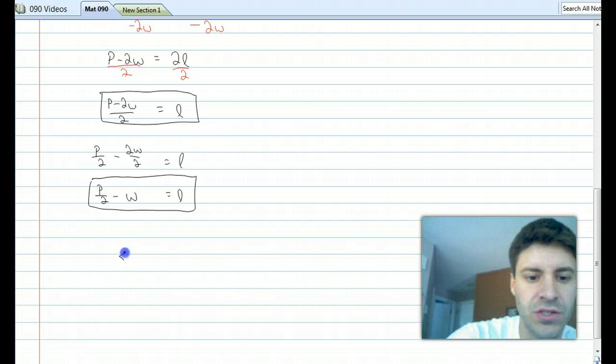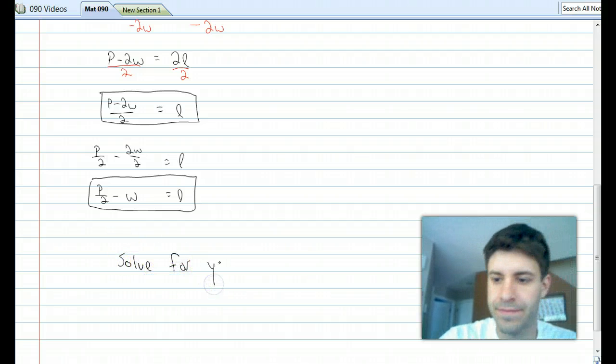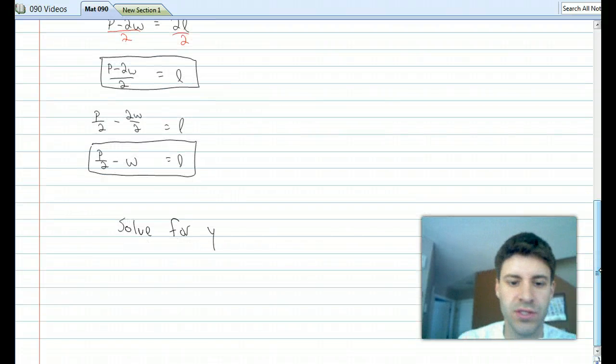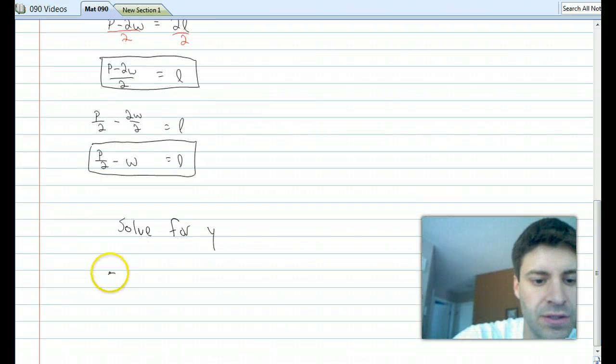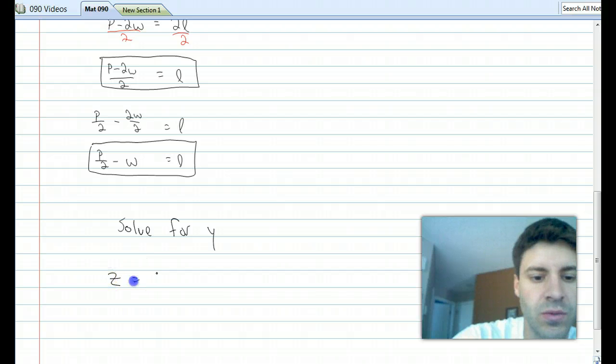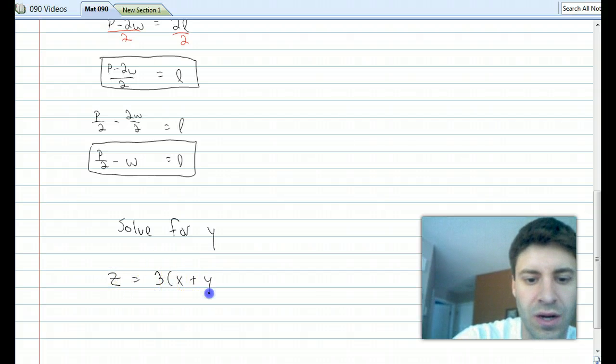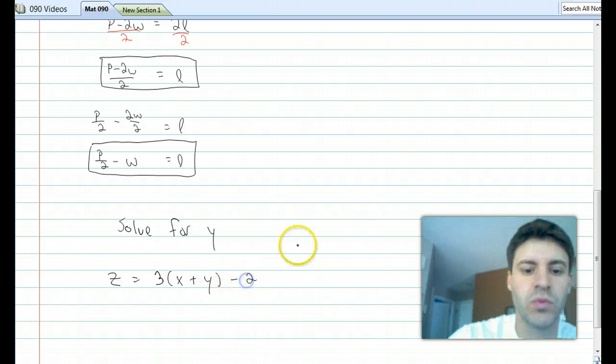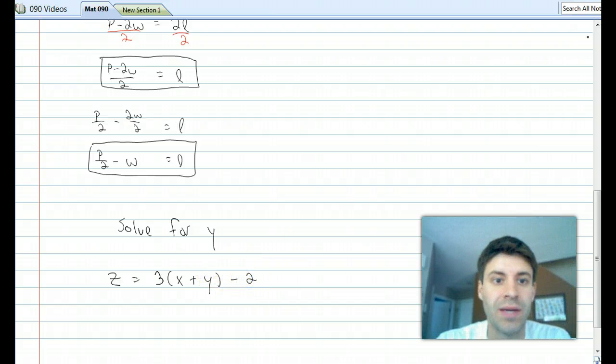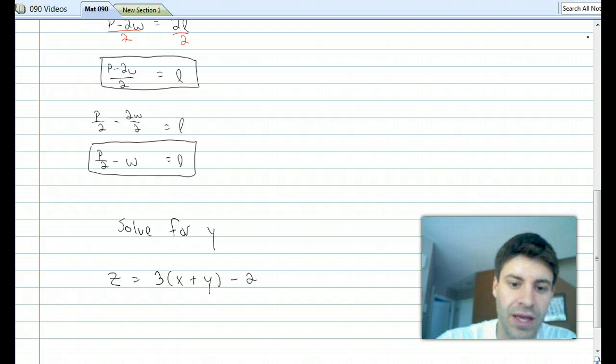Let's solve this equation for y, we'll say. And the equation we want to solve for y is z equals 3x plus y minus 2. Okay, so the goal here is to get y by itself. And there's really only one term here that has a y in it.